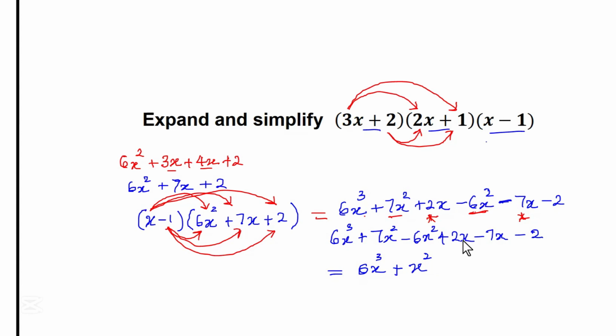And then plus 2x minus 7x, in this case we're subtracting, so it's going to give us minus 5x and then minus 2. So this gives us a final answer of 6x to the power of 3 plus x squared minus 5x minus 2.